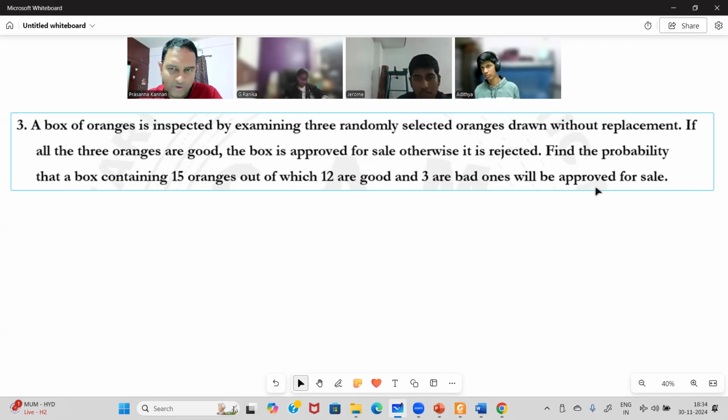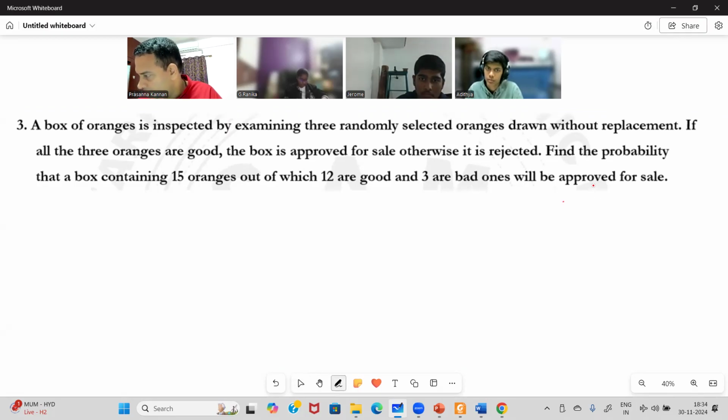And if all those 3 are good, then you will approve it for sale. So although there are 3 bad ones in this lot and 12 good ones, it is given that this particular box is approved for sale. For that, what is the probability? Correct. Did you understand the question?